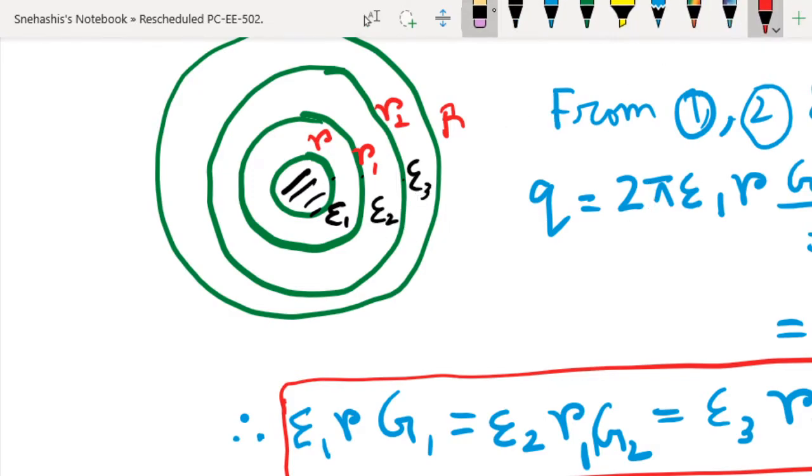From the diagram it is evident that epsilon 1 g1 is greater than epsilon 2 g2 is greater than epsilon 3 g3. Okay, so this is your relation.